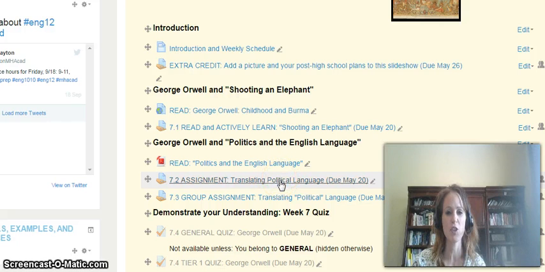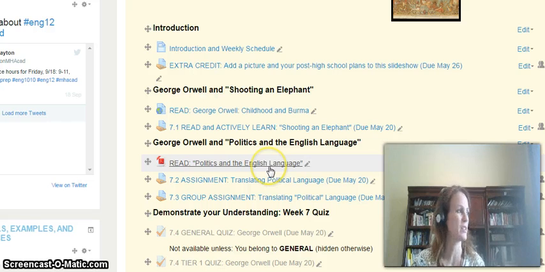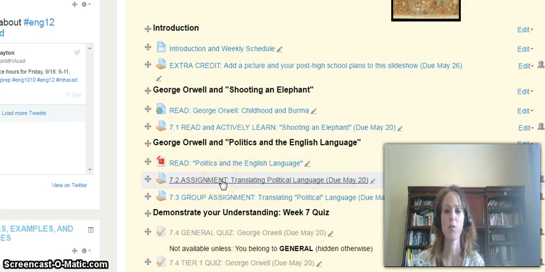The next assignment is translating political language. So you're going to look at some of the terms based on what you read in Politics and the English Language. You're going to read some of these cliche terms or overly pretentious ways of saying things that Orwell complains about, and you're going to translate that into language that Orwell would approve of.